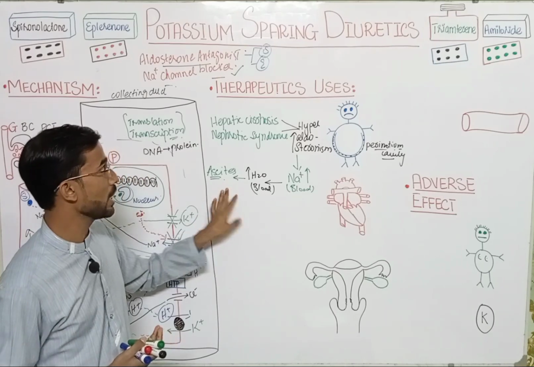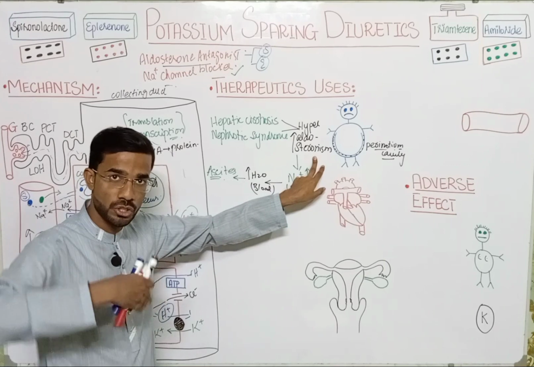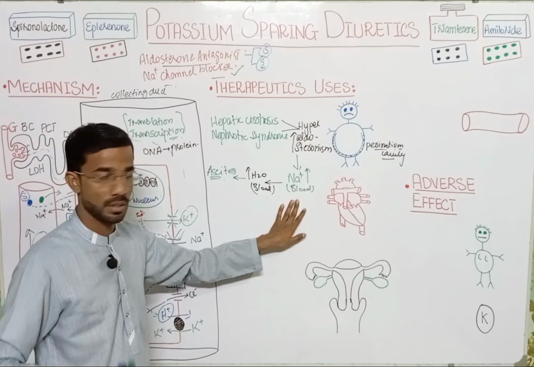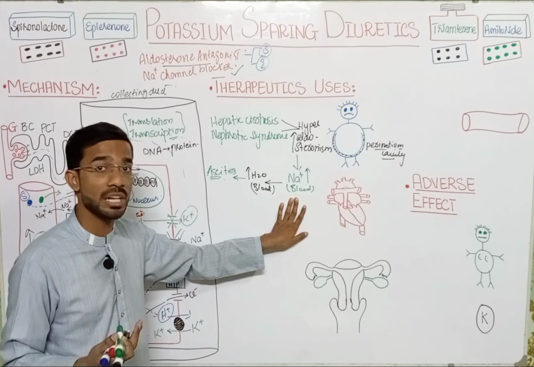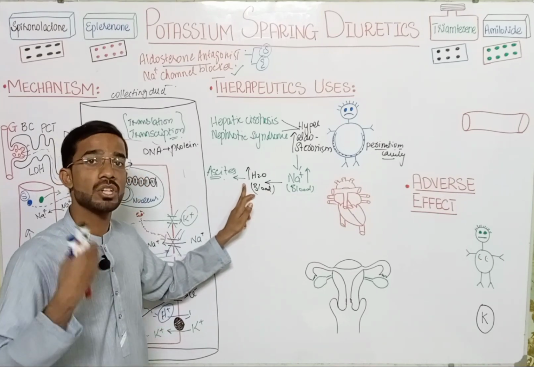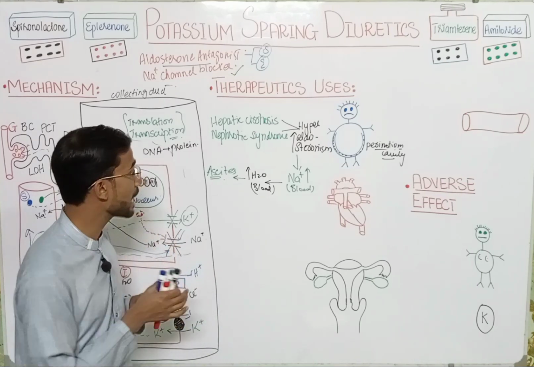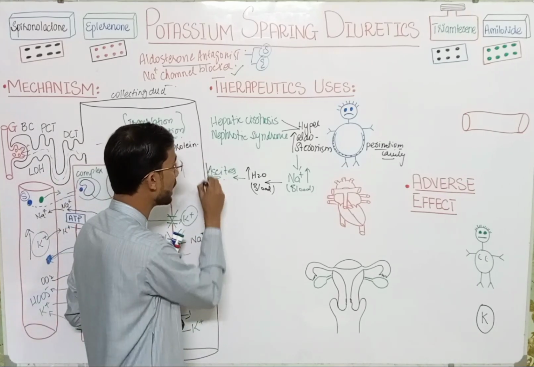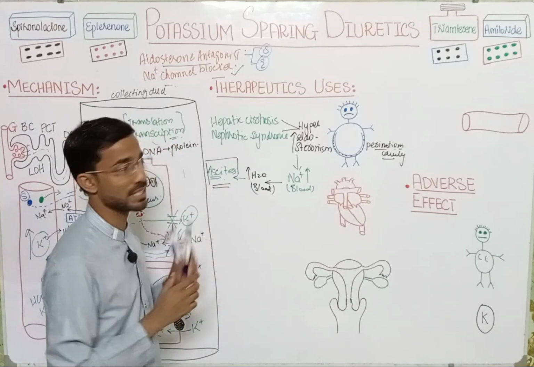This is the condition in hepatic cirrhosis and nephrotic syndrome. You will see the aldosterone increase, which increases the amount of sodium in the blood. In exchange for that, water concentration will also increase. Now the body fluid has increased. In that situation, this fluid will accumulate in the abdomen or peritoneal cavity, which causes the ascites.